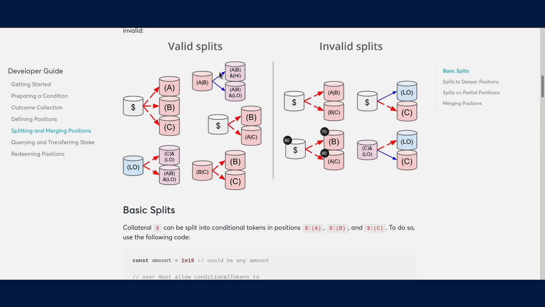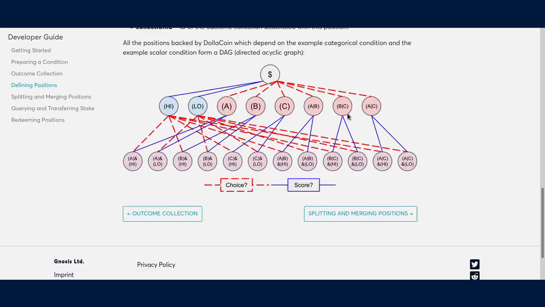Splitting and merging are of course subject to certain rules to make sure that positions are properly backed and the conditional tokens contract doesn't create stake in positions that aren't backed by collateral.